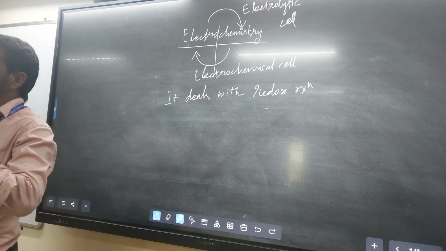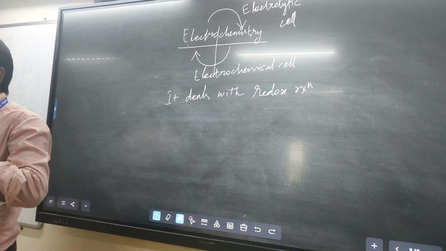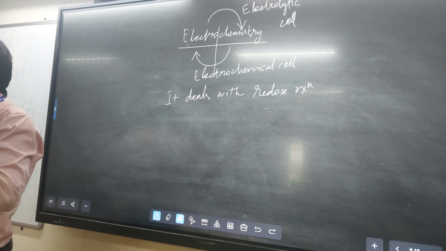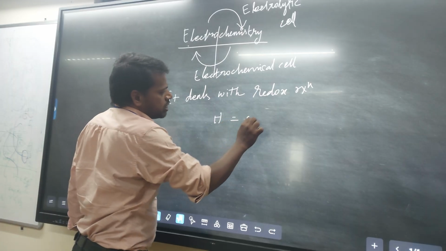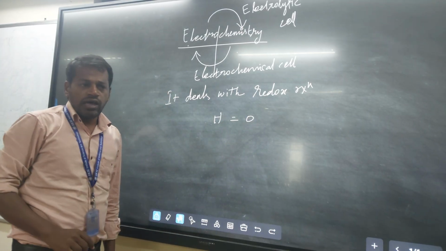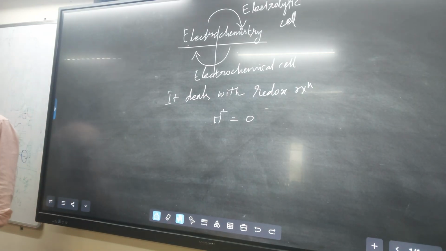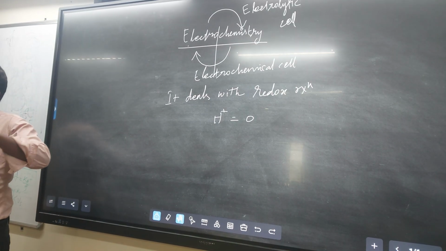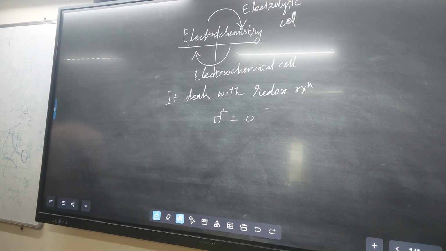From that only we comparatively say reduction potential and oxidation potential. Which one is the middle one? Hydrogen. Hydrogen's reduction potential value is 0. Based on that we say the zinc and the copper.